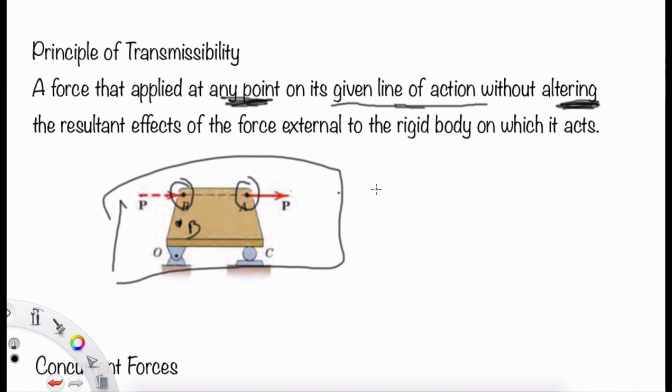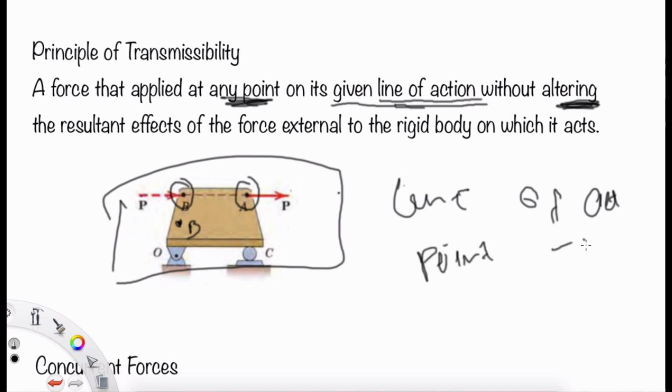So it is different from the previous force system, which depended on direction and magnitude. Please pay attention that transmissibility depends on the line of action, not on the point of application. It won't change the resultant force as long as you stay on the same line of action.